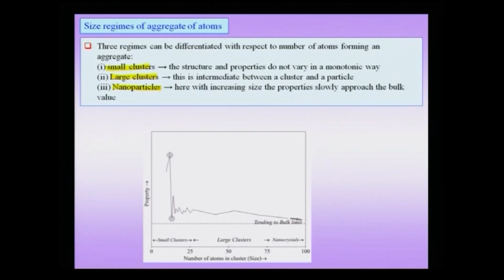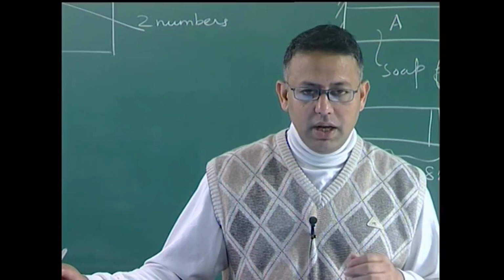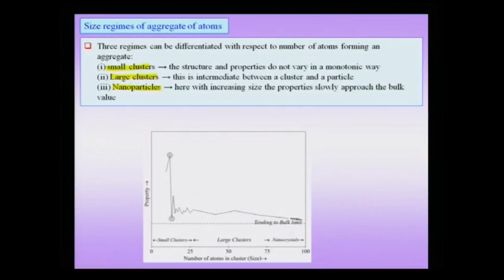In reality, of course, when I am making a top down approach, you might notice that some of the particles could actually be polycrystalline. Now, why do I want to differentiate these three classes, and how is it meaningful in understanding their properties is what we will address next.